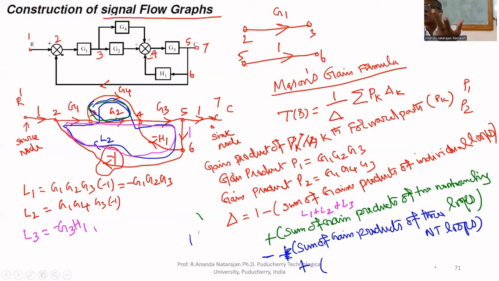There are no two non-touching loops, so how can there be three non-touching loops? No. Four won't be there either. Therefore, these terms are not there.